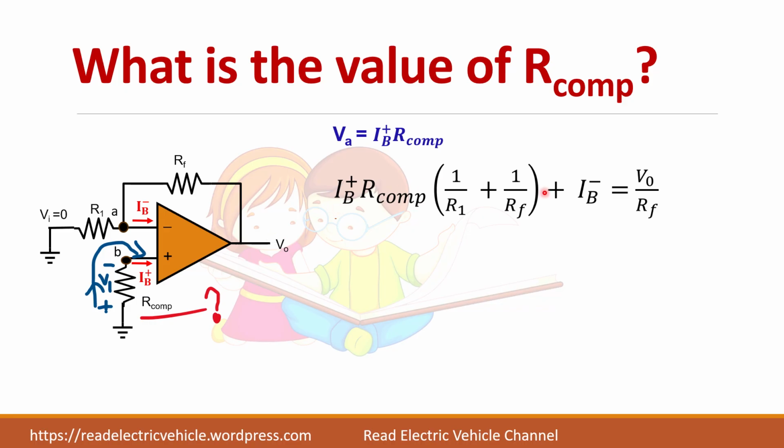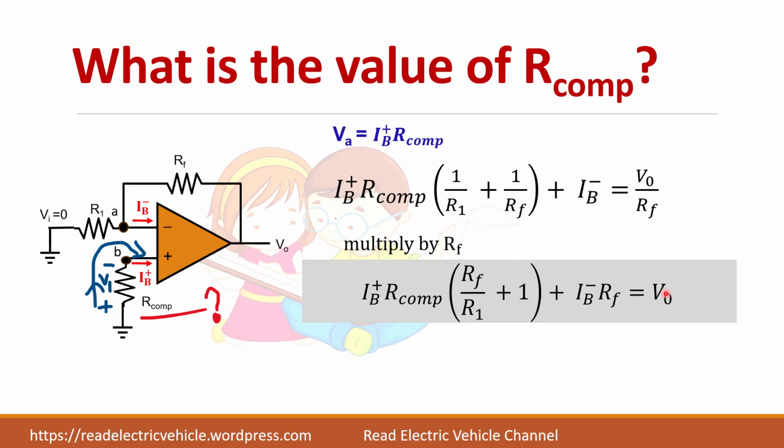Now let us multiply this equation by RF, because I have a RF here. And let me see here, IB plus and IB minus is there. That is equal to IB. So let us mark these two as equal, and with this assumption, let us simplify it.